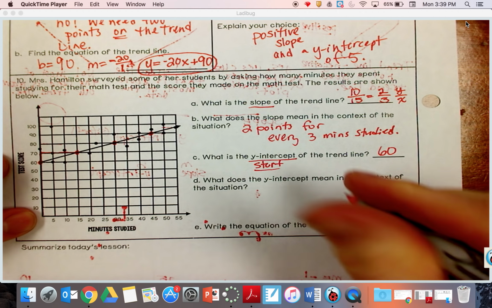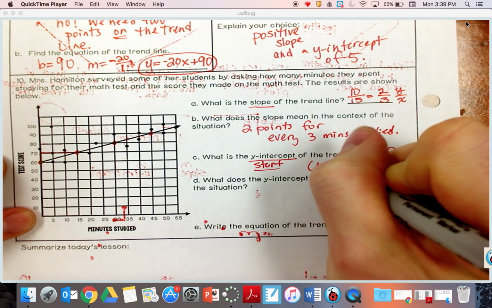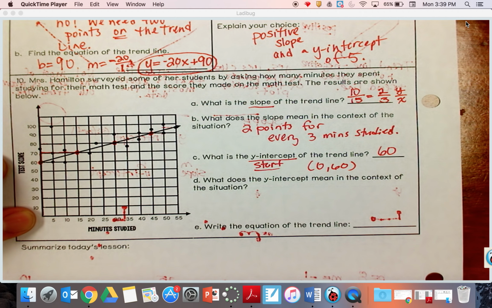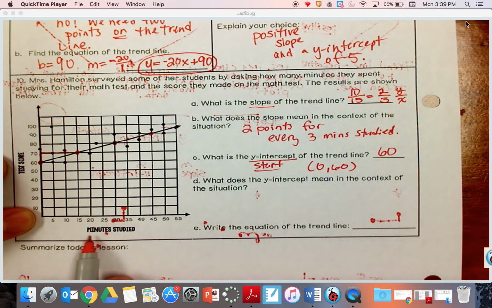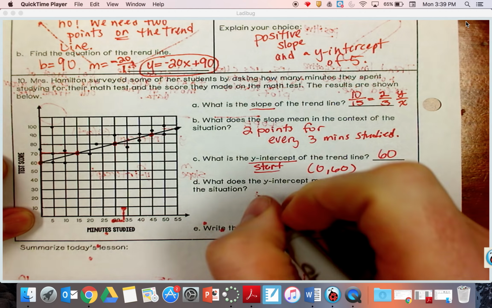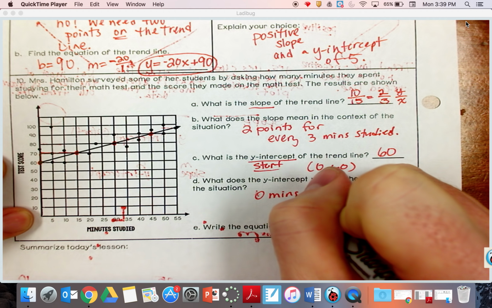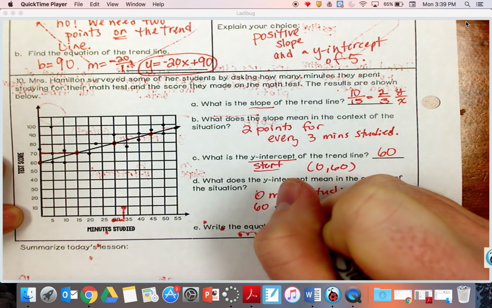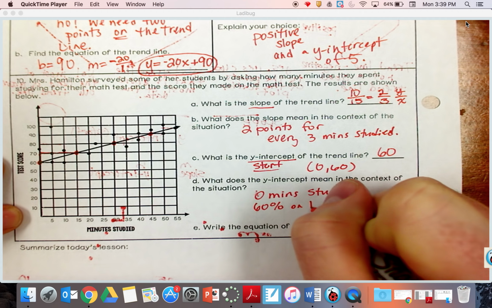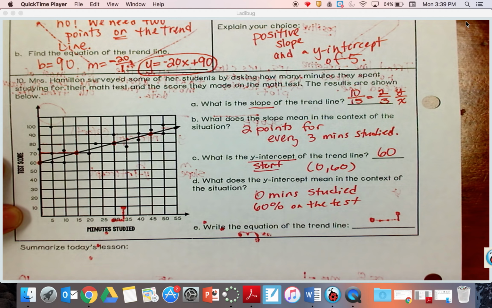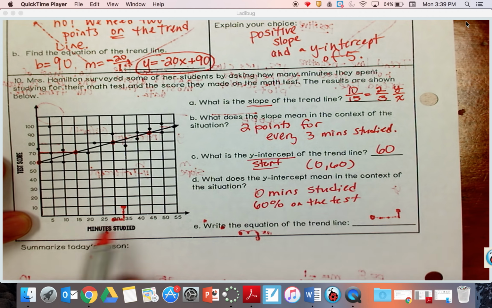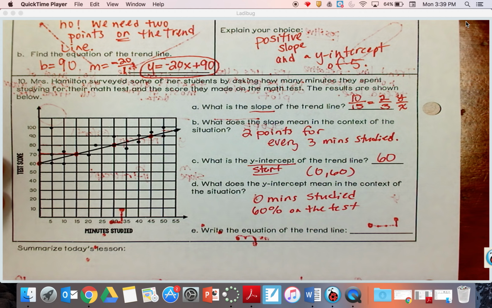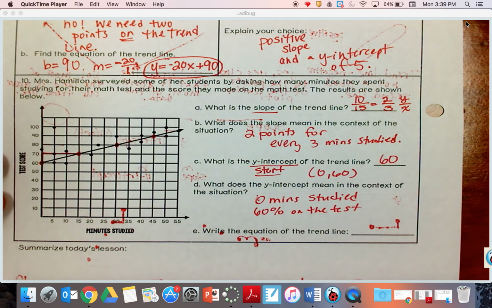Well, it's giving me the point 0, 60. And 0 is x. X stands for minutes. So that means 0 minutes studied, you should score a 60% on the test. My x value was minutes. My y value was test score.